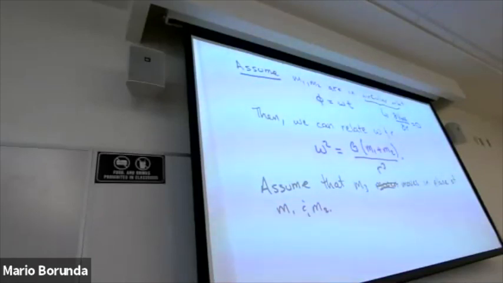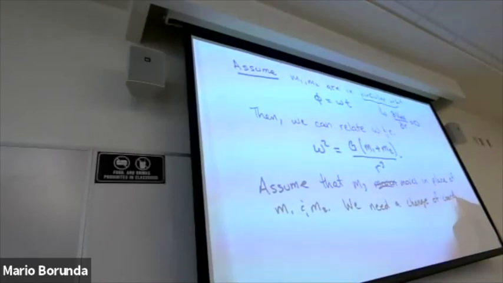So the way that we do this is that we need a change of coordinates. We're going to be in a frame that rotates with M1 and M2.